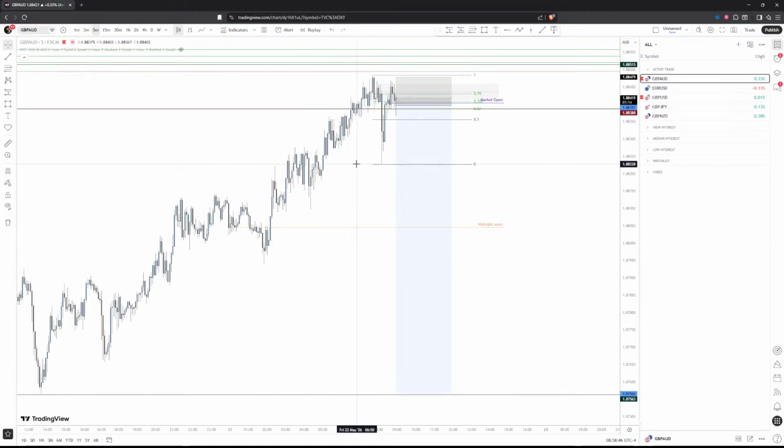It's more like a liquidity sweep, because even though this looks like it took out some swing lows, look at the time it happened at, near the midnight open. It's a liquidity sweep rather than a change in market direction.